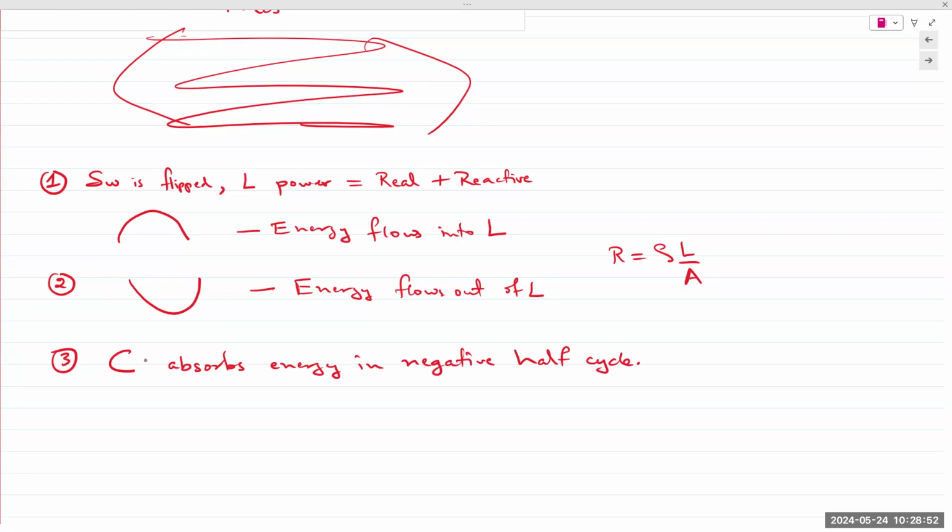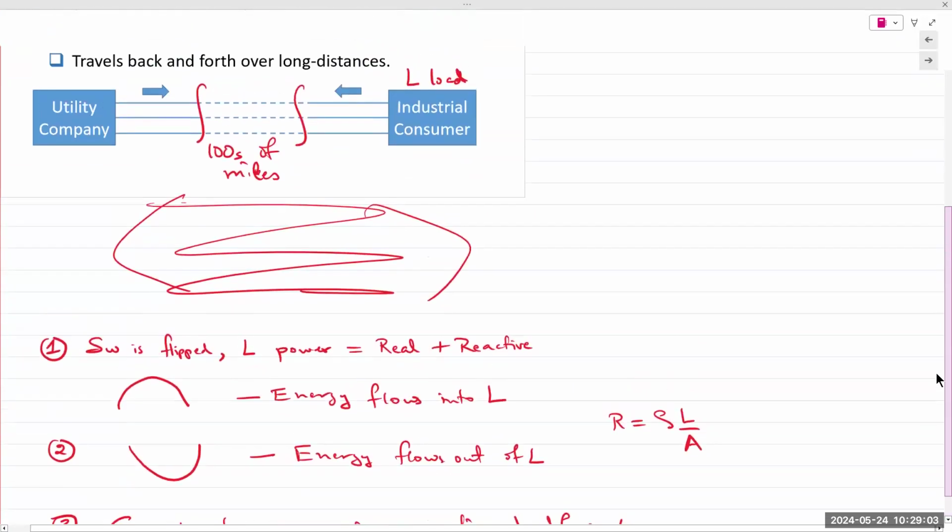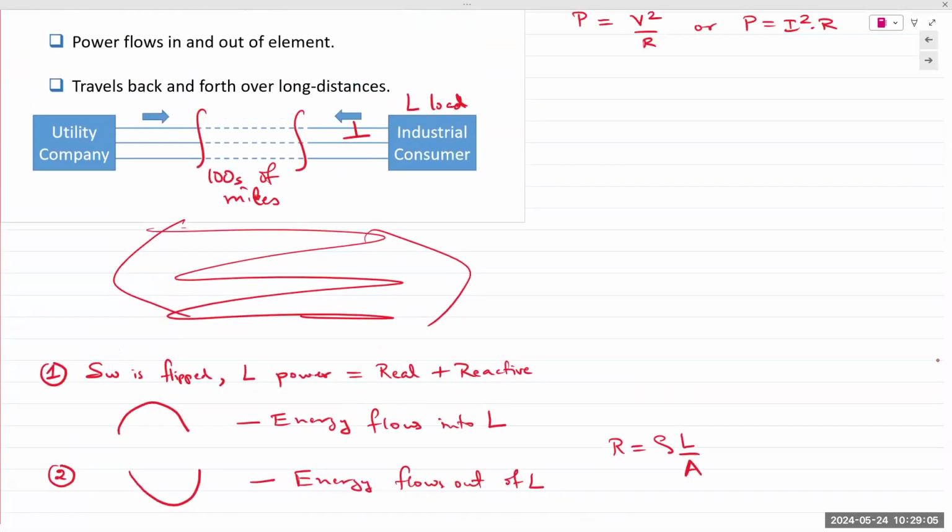Okay, so when the energy flows out of the inductor, instead of traveling all the way back to the utility company, if you place a capacitor right in front of that inductive load, meaning the industrial customer places a capacitor right in front, the energy now gets stored in that capacitor, which is local.